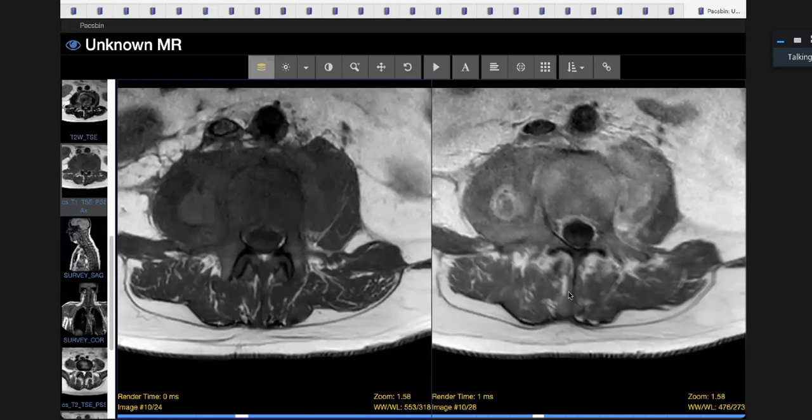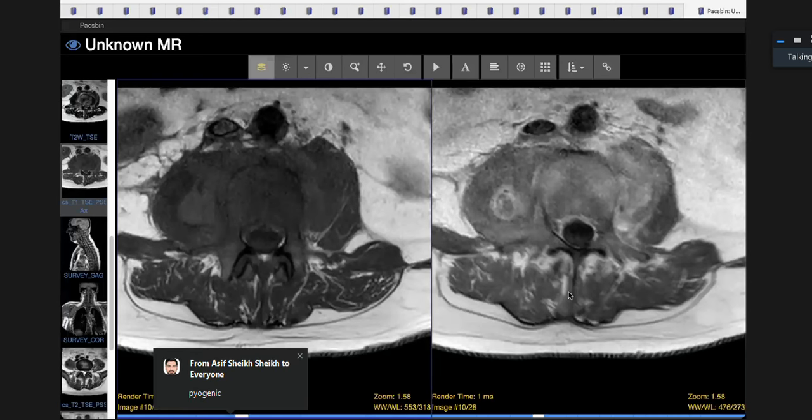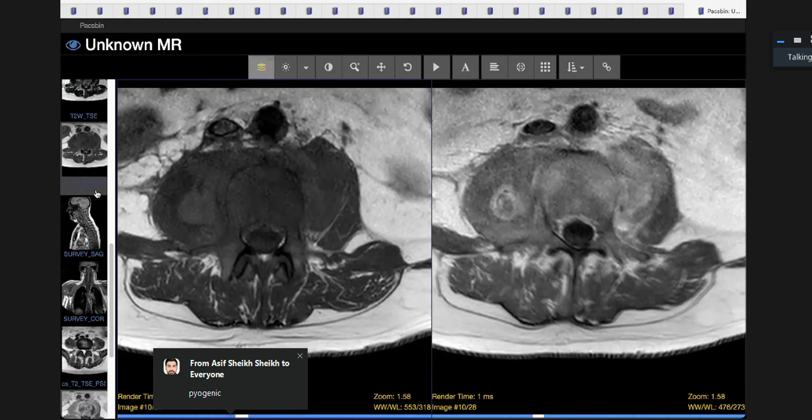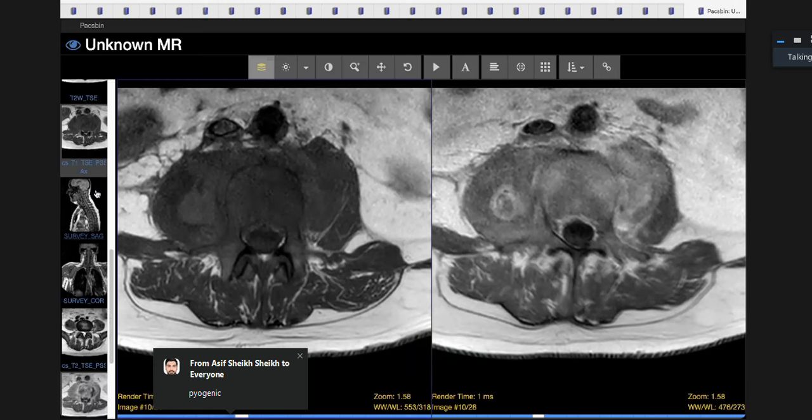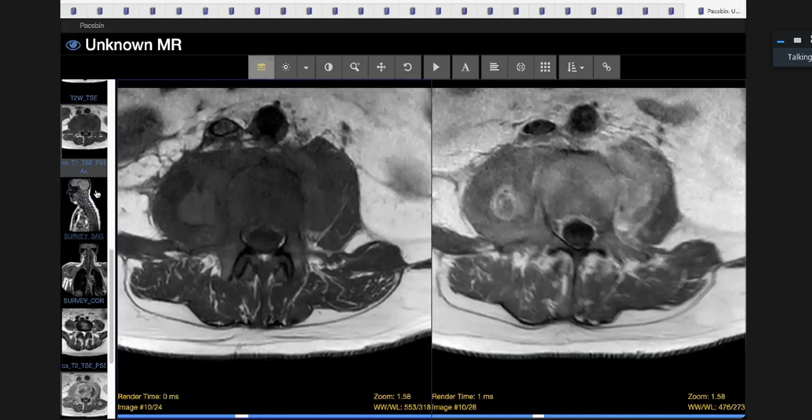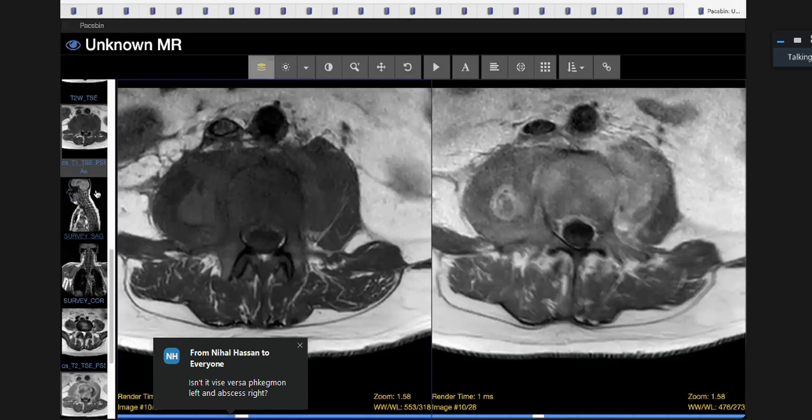Yes. So possibly TB, do you say? You'll be able to tell me actually. So what are the more hallmark features of TB discitis? I kind of get this mixed up. I keep forgetting if TB involves the disc or if bacterial involves the disc. Yeah, so it's usually more bone based, like TB. And I imagine, you're based in India, you see a lot of this.